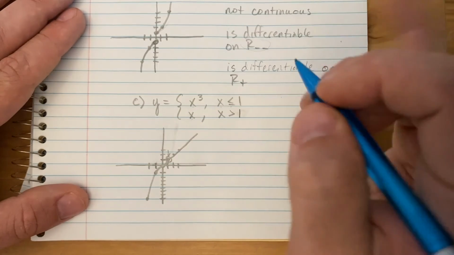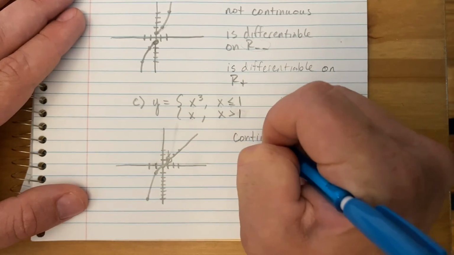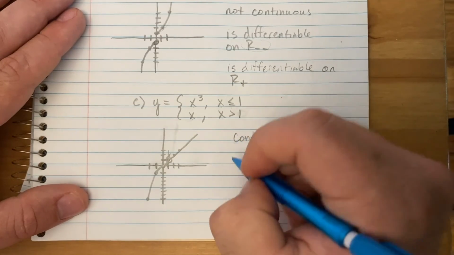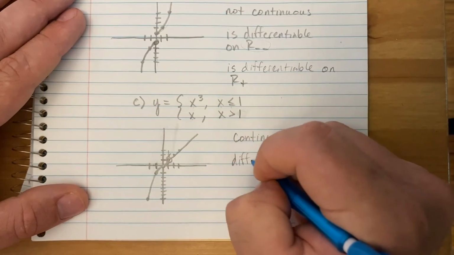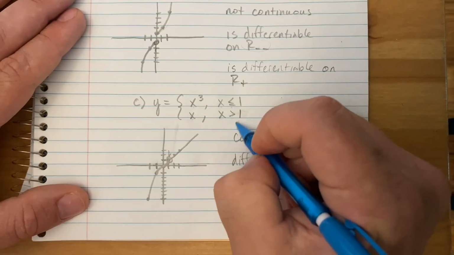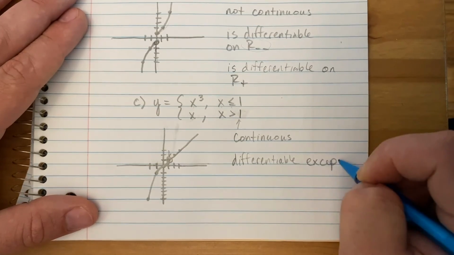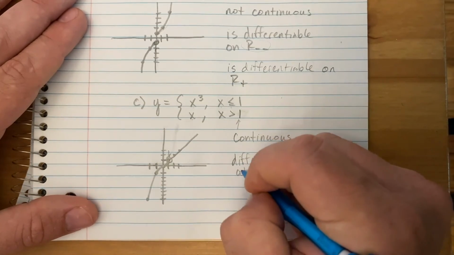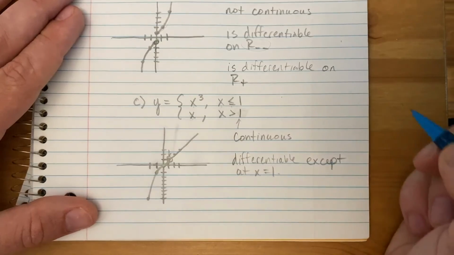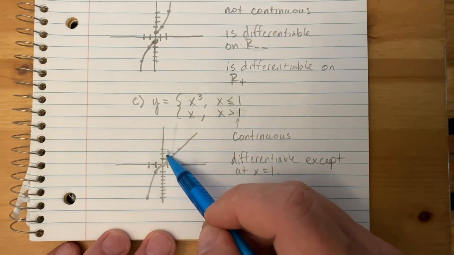So I'll say it is continuous and it is differentiable except at this value of x equals 1. Right, so it's differentiable everywhere else because it is smooth, except for at that point right there.